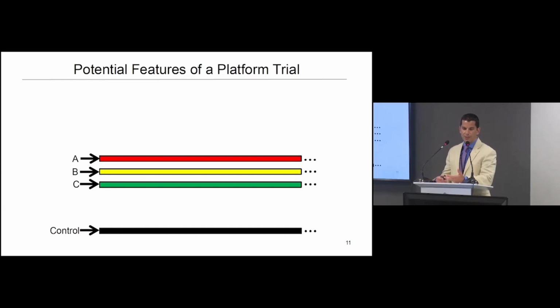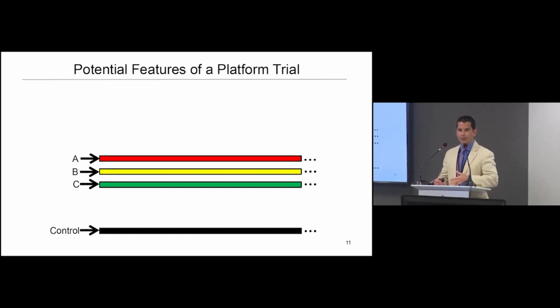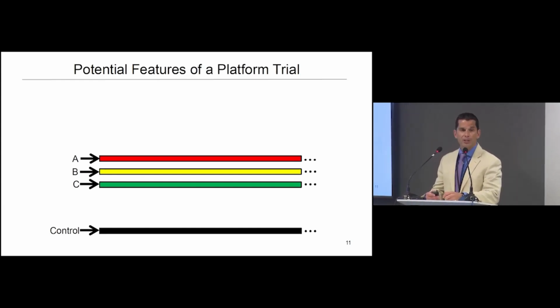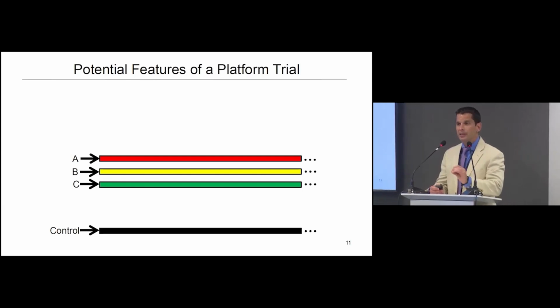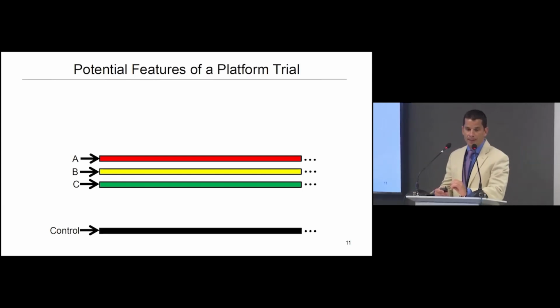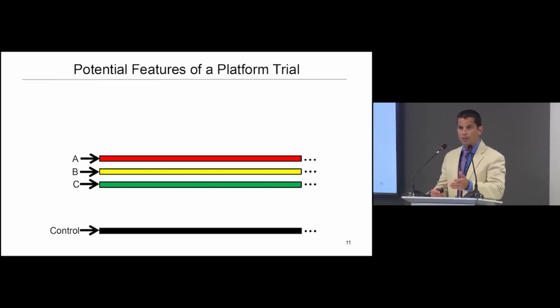This is a schematic to show a potential strategy one could use in designing a platform trial. You might start with, say, 3 interventions, A, B, and C, and you might be comparing them to a common control. As the trial goes along, you would have pre-specified adaptations that could be triggered based on the observed data.